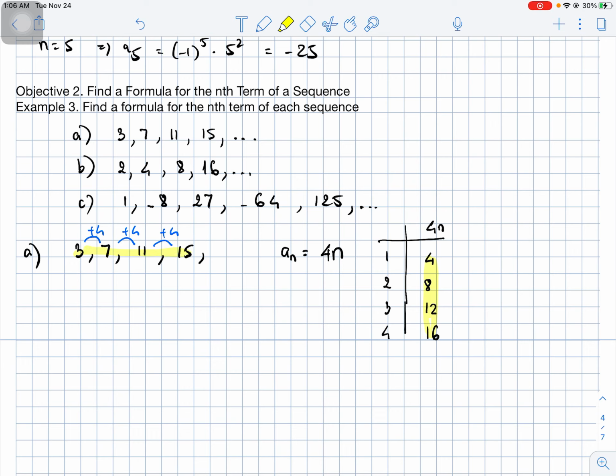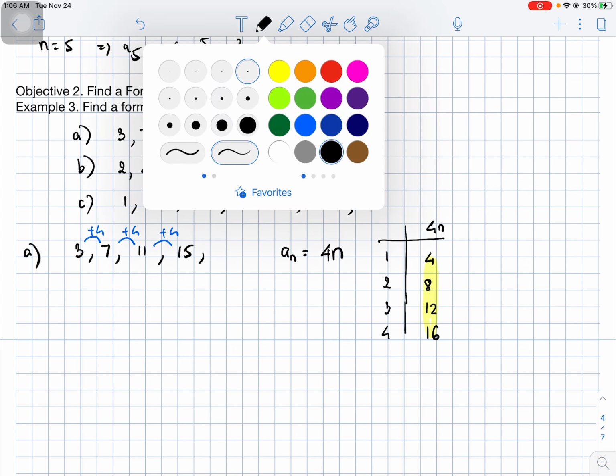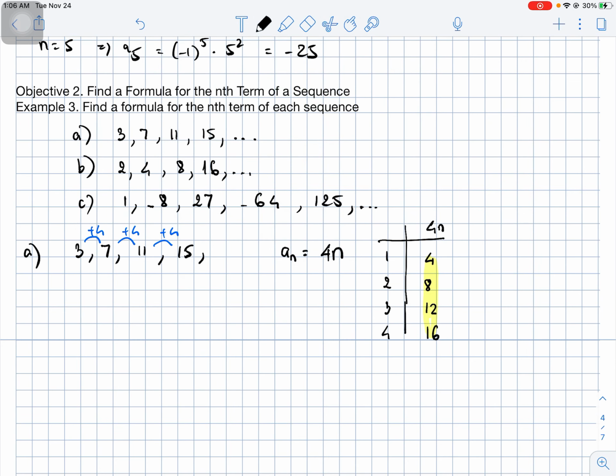We can see that the 3, 7, 11, and 15 are less by 1 unit. So to get the correct formula, we will minus 1 in order to get 3, 7, 11, and 15. So minus 1 from this. So the formula has to be, I'm going to name it a_n equals 4n minus 1.